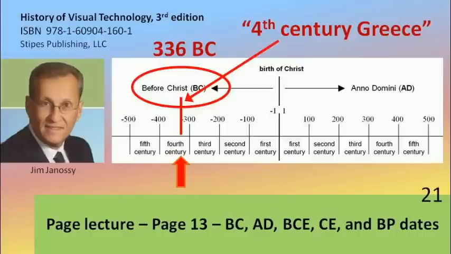Here's where things get a little bit sticky. Sometimes the people who know a lot about history, who write history books, just want to make sure that you know how smart they are, and they refer to some historical event, for example, the conquest of the Persians by Alexander the Great in the 4th century, and they don't say BC.